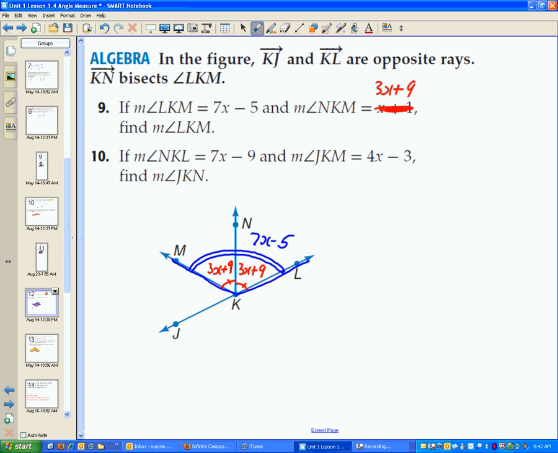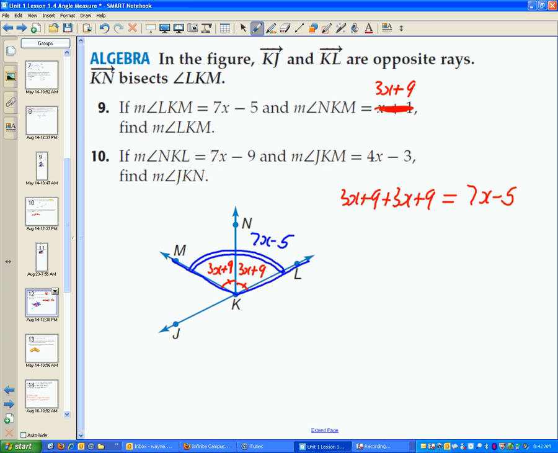Well, I don't know that it's 20, but I know that it's 3x plus 9. So can't I say that 3x plus 9 plus 3x plus 9 equals the measure of angle LKM, the larger one? And what did they tell us is the measure of angle LKM? 7x minus 5. So, you following me on coming up with the equation?